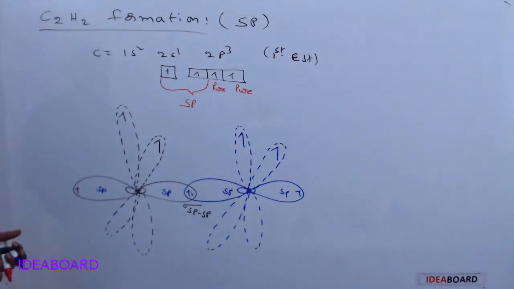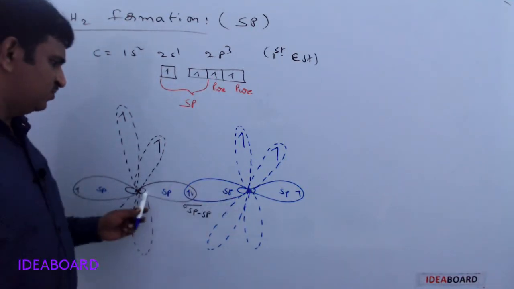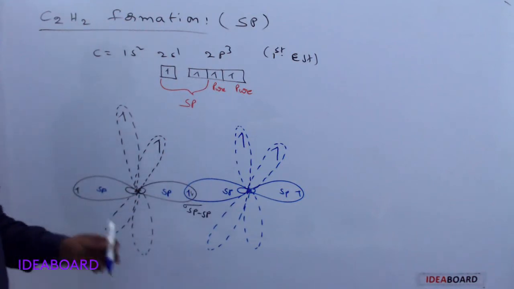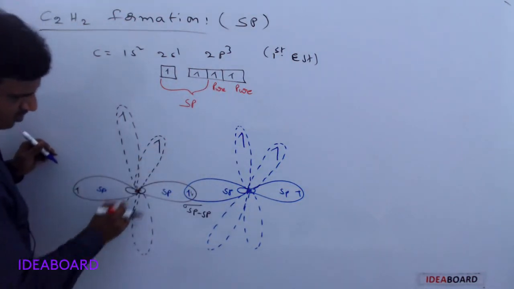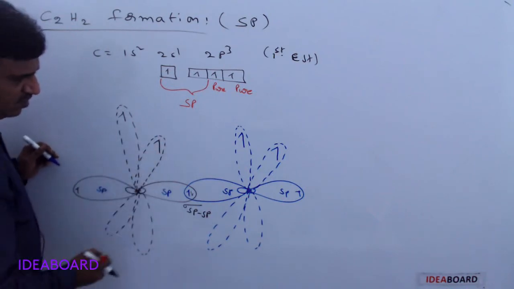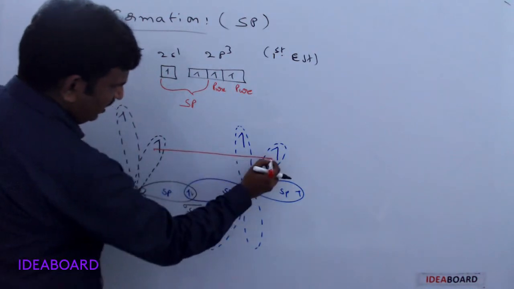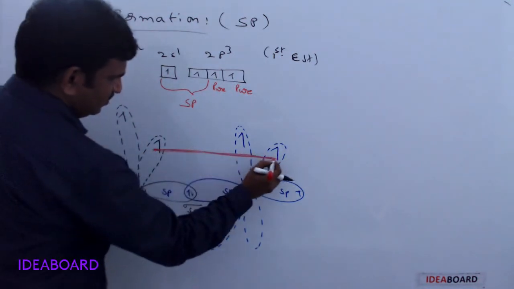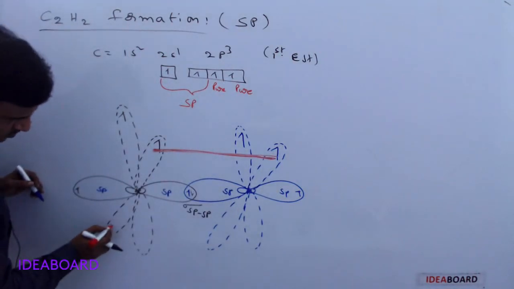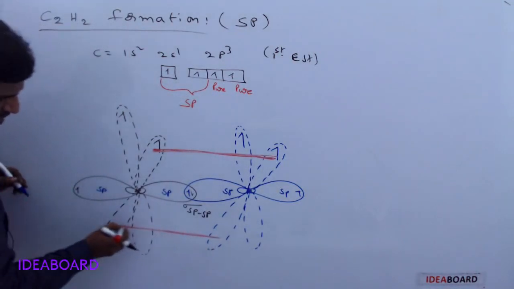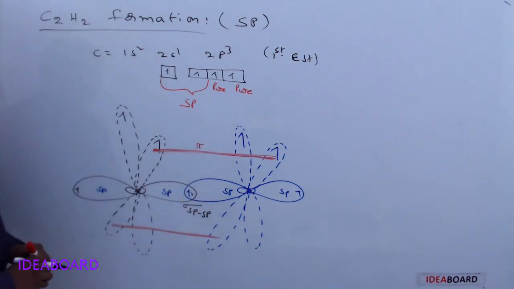Now the pure orbitals, what can they do? After sigma bond formation between two atoms, the other possibility is only pi bonds. So this pz orbital and this pz orbital overlap linearly. And here also, these overlap and form a pi bond.